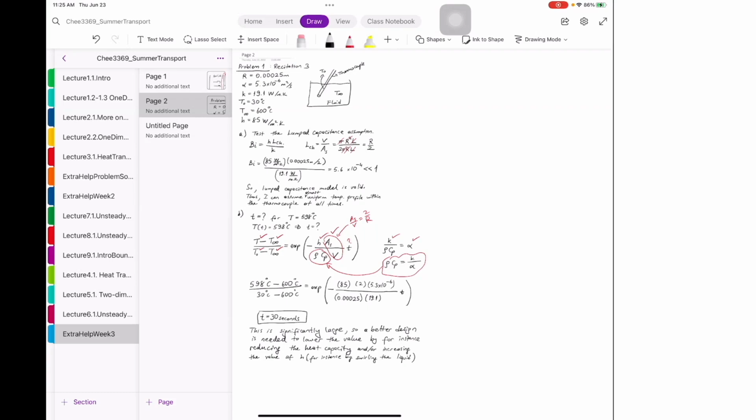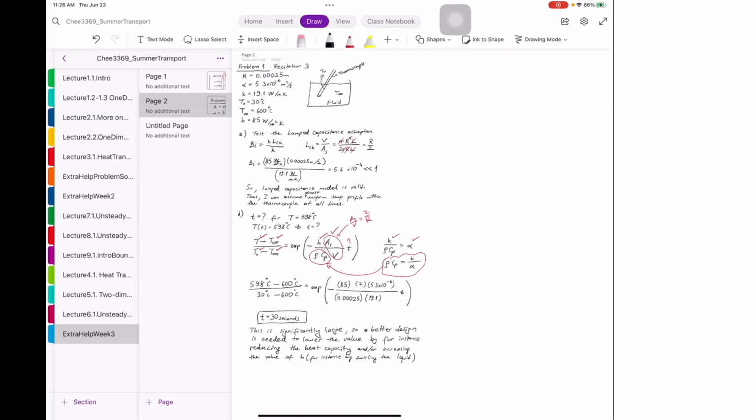So instead of working with material A, you work with material B. I don't know the heat capacities, but maybe copper and aluminum might have different heat capacities. So you should change your design. You should look for some other material.